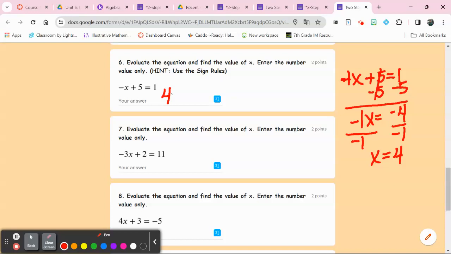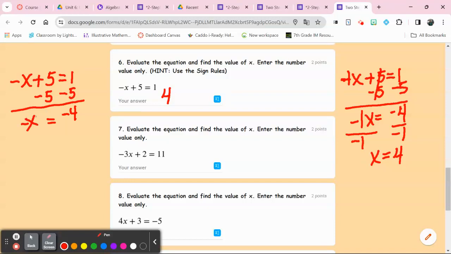Now, I did teach you a trick way of doing that earlier, and I will go over that. We did it exactly the same as earlier. We subtracted 5, or did negative 5, to both sides. We still got negative 4, but we had negative x.